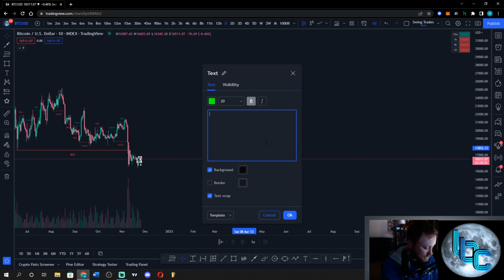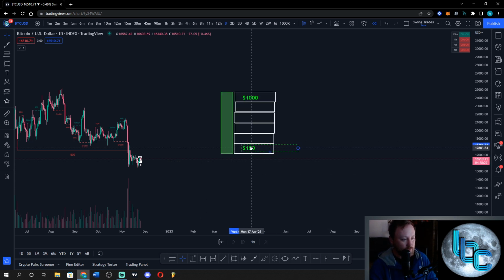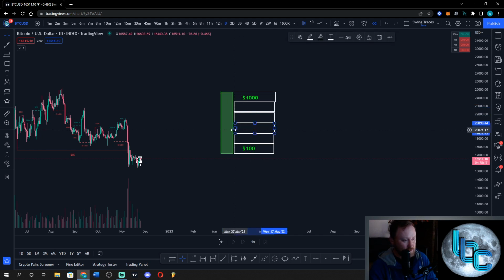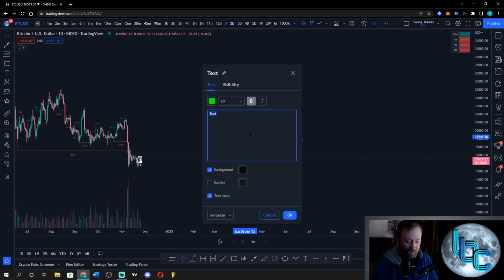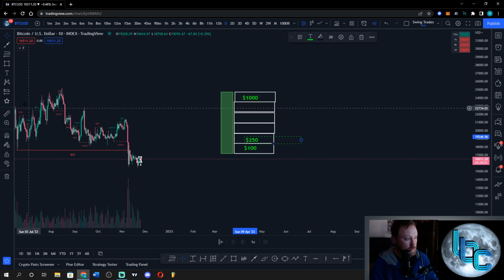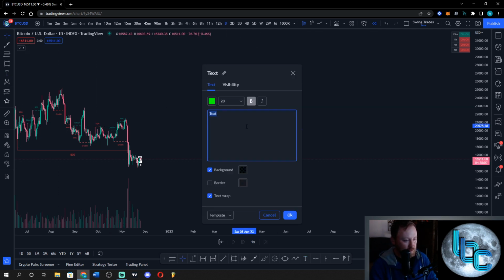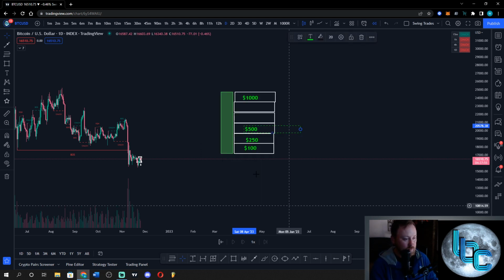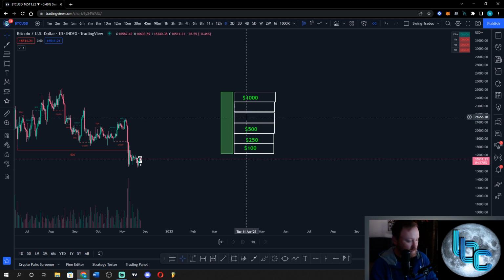In between that, we would likely see something like $250, and we would see $500, and then we would see $750.